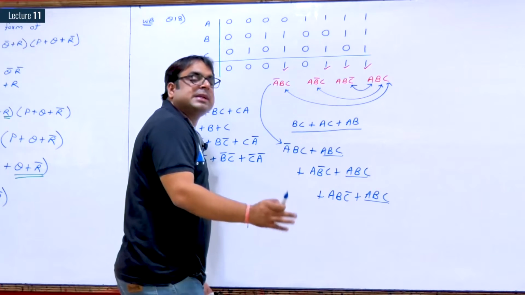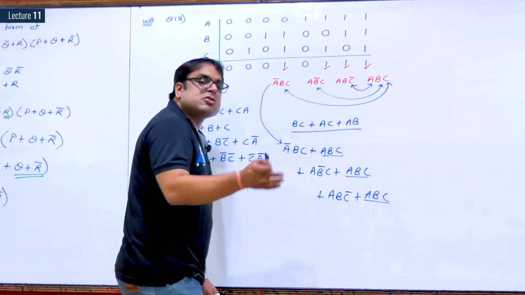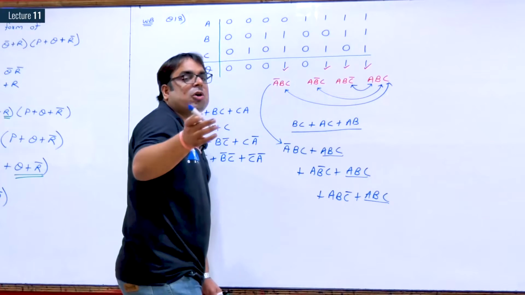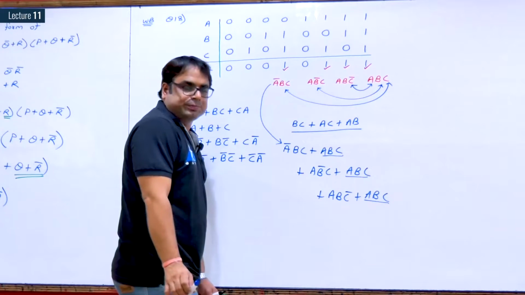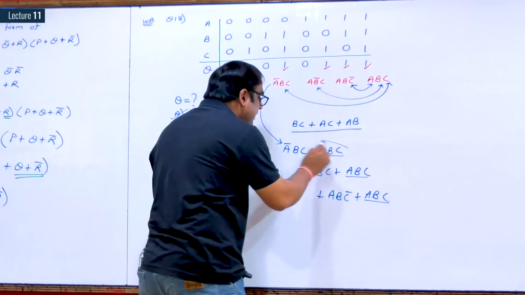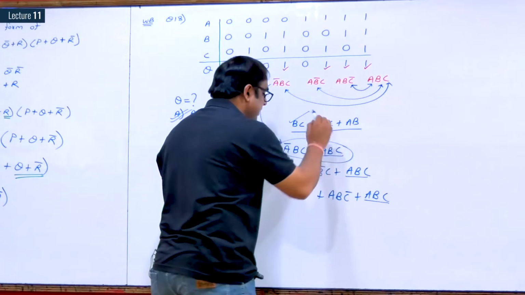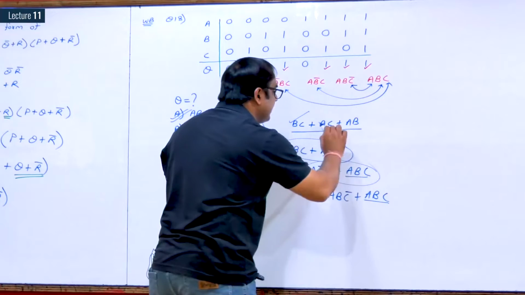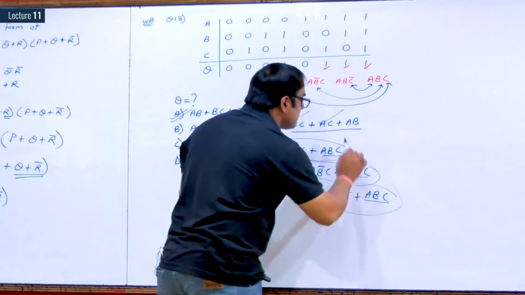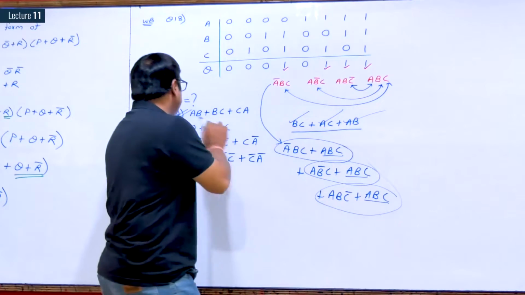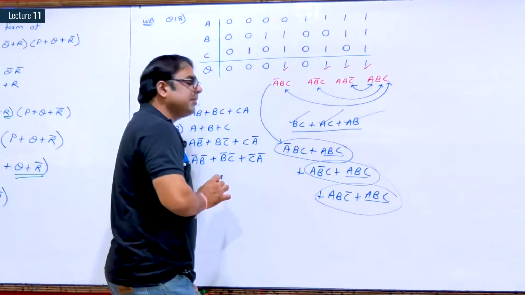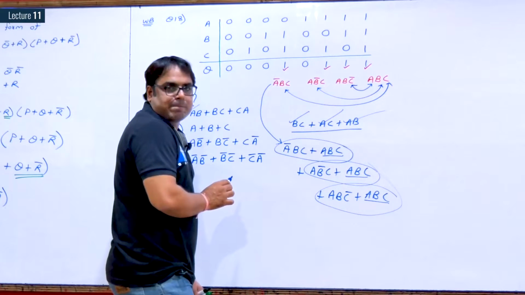Variable A can be written as A plus A. It can also be written as A plus A on your requirement. So, minimizing these two will give me BC, minimizing these two will give me AC, minimizing these two will give me AB. So, your answer is AB plus BC plus AC.